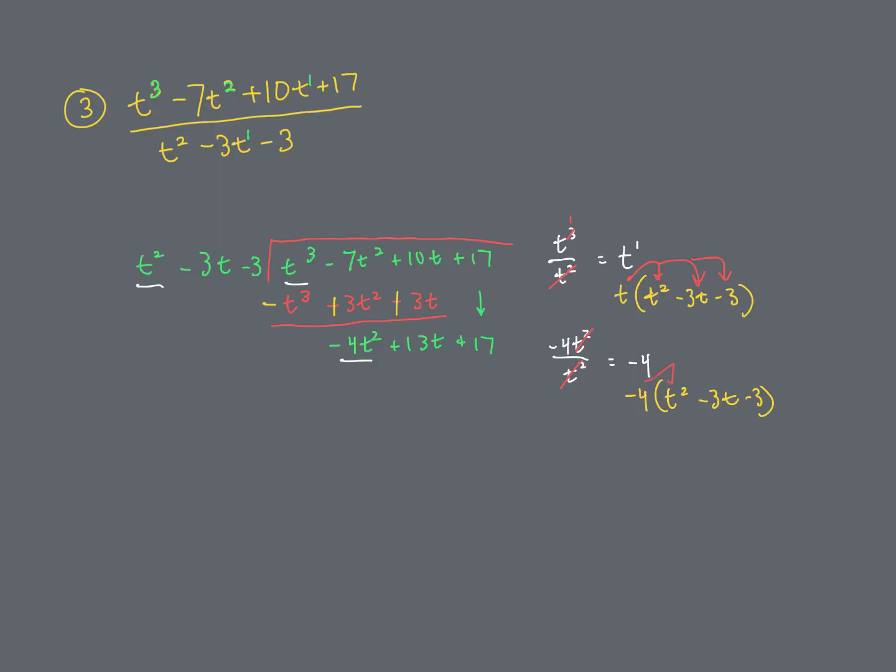And that's going to go below here. Negative 4t squared. Negative 4 times negative 3t is going to be positive 12t. Negative 4 times negative 3 is going to be positive 12. And then we're subtracting all that. So if you subtract the negative, that's positive. If you subtract the 12, that's negative. And subtract the 12, that's negative.